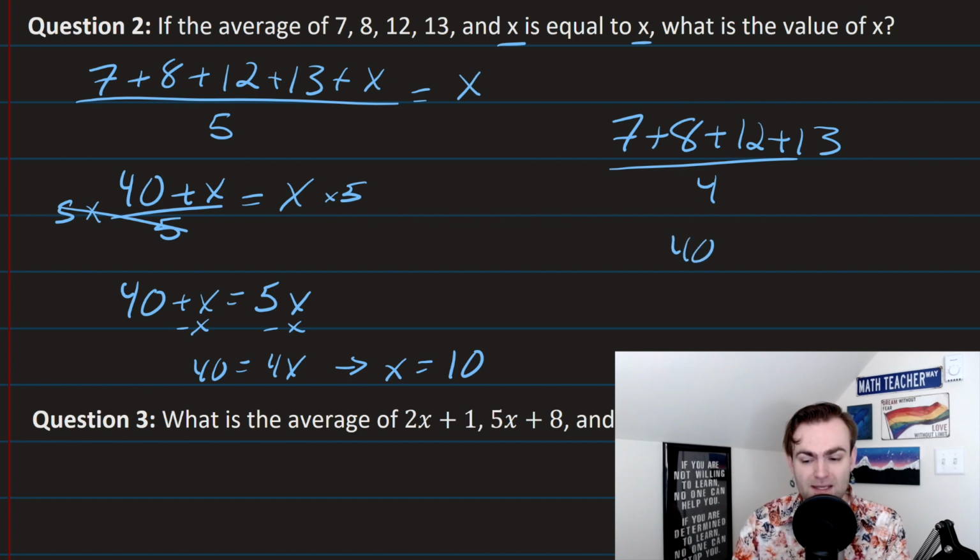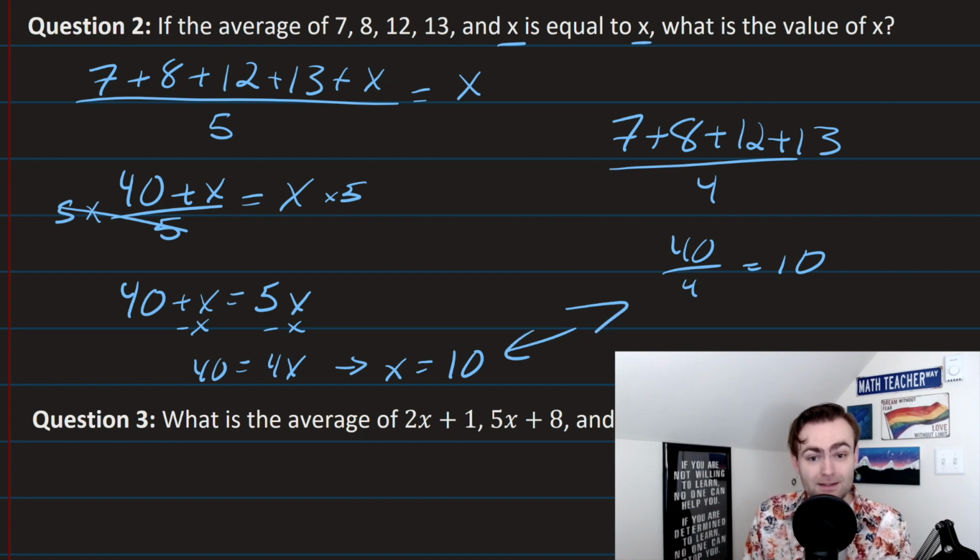Altogether, that's 40 over 4, which is 10. So either way to think about it is perfectly fine. In fact, this way would help if the problem was slightly different. But don't undercut your knowledge of mathematics and what you have learned, all of these tools that you've learned. If you see a trick, if you know something to be true, you can use it even if it's slightly different than just following a normal procedure.